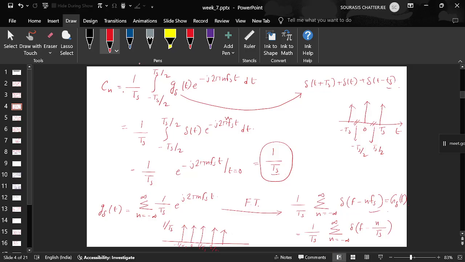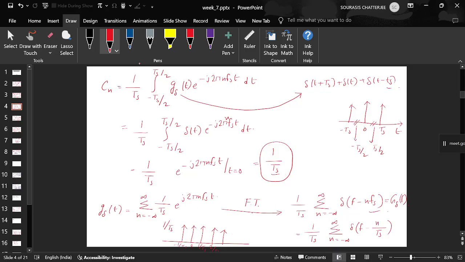Cn corresponds to the amplitude, or the strength, of the nth frequency component, but it turns out it doesn't depend upon n. It has a uniform amplitude over all the spectra. So the infinite impulse train can be written as follows: sum over n equal to minus infinity to infinity, that is, at all integer multiples of the fundamental sampling frequency, the amplitude is the same, that is 1 over Ts.